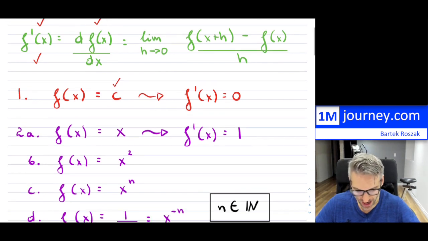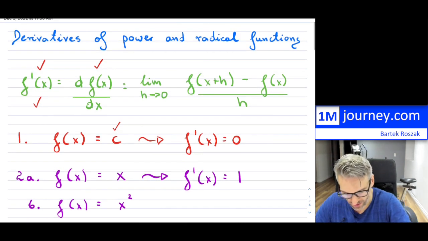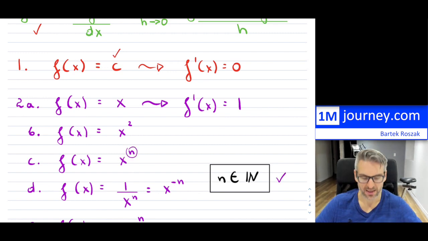Now, what about the rest? What about if it was x squared? So now we're getting into these power functions, and here we're going to be assuming that n, this variable that I'm putting into all of these, is going to be some natural number.